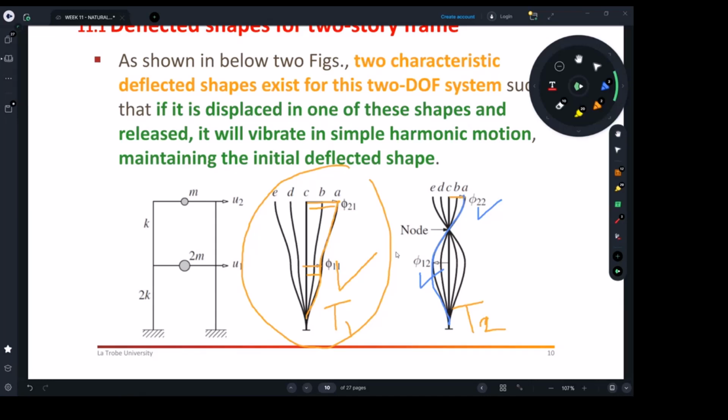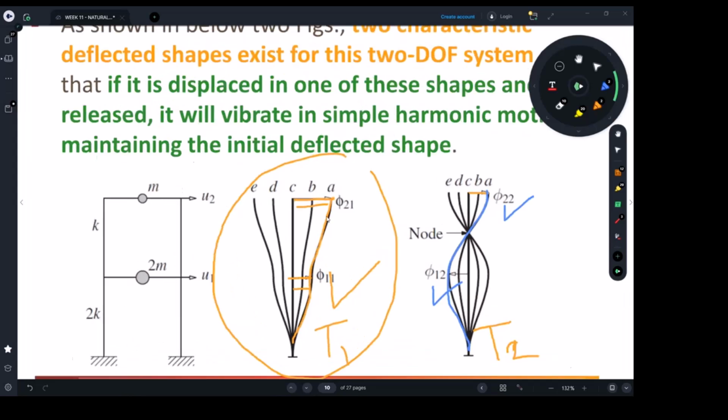Each mode got its own time period. And what it means experimentally or physically is that if you deform your frame to that particular shape, when I say that particular shape, it means phi 22 and phi 11, you will always have that shape happening after you release the pre-displacement.